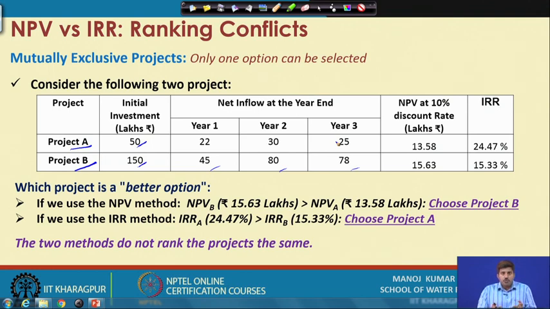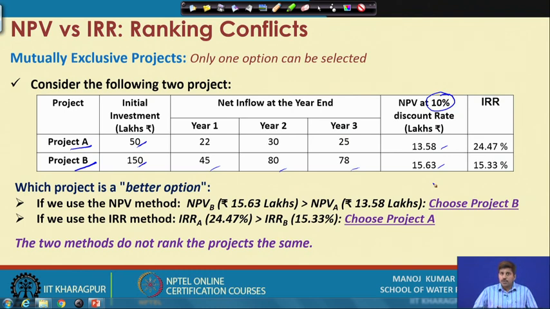Now, for these two projects, if I calculate net present value at a certain discount rate, let us assume my discount rate is 10%. So, at 10% discount rate, the net present value of the projects are like this. Project A is leading to an NPV of around 13.58 lakh rupees, while project B is leading to an NPV of around 15.6 lakh rupees.